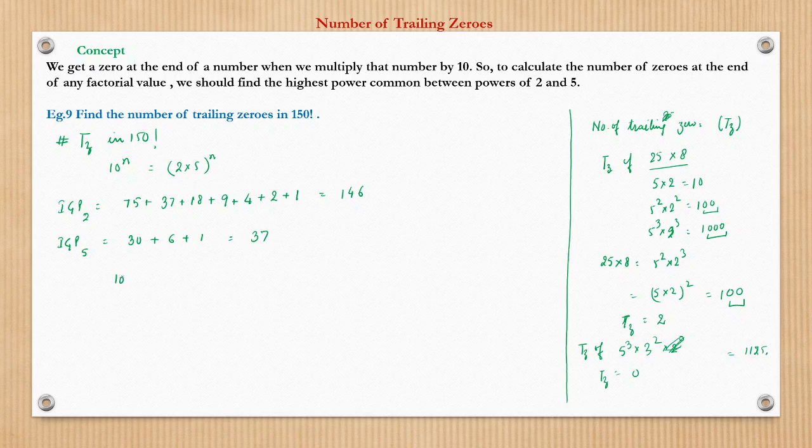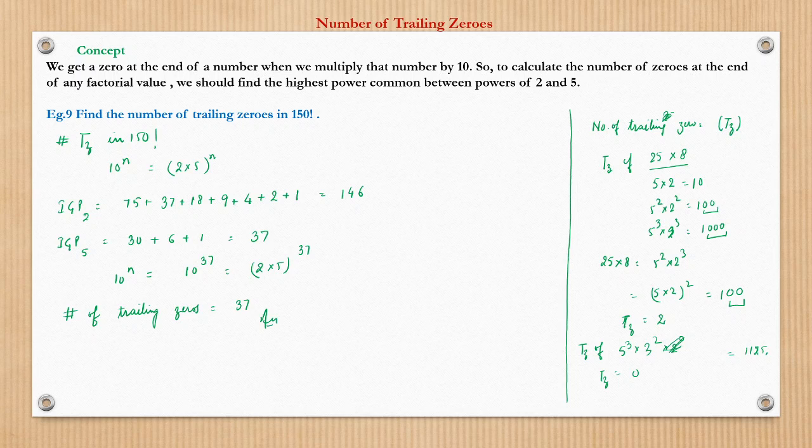So 10 raised to power n can be maximum 10 raised to power 37, because we have only that many 5s. I can write this as 2 into 5 raised to power 37, right? So the number of trailing zeros is nothing but 37. This is the answer.